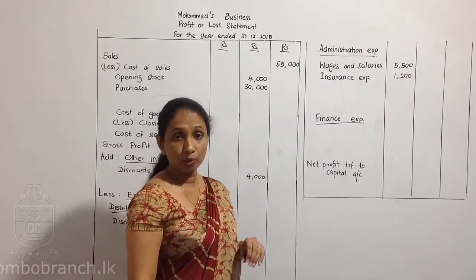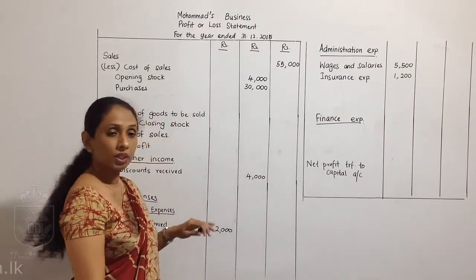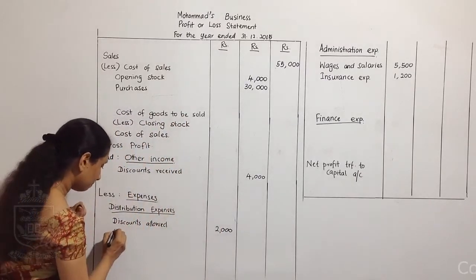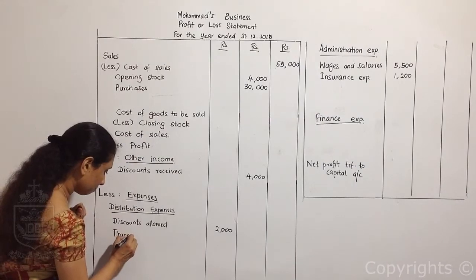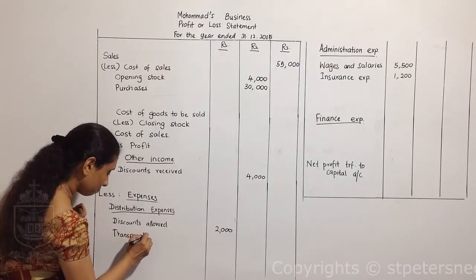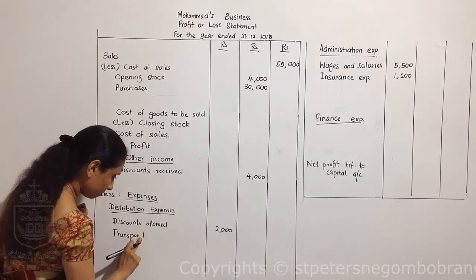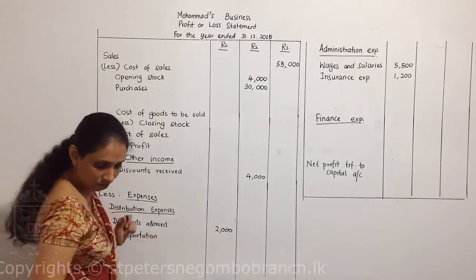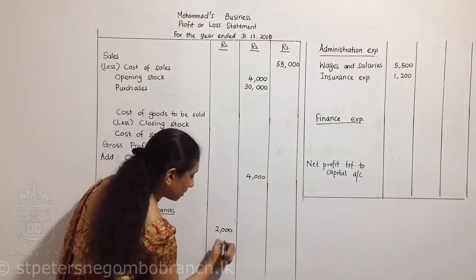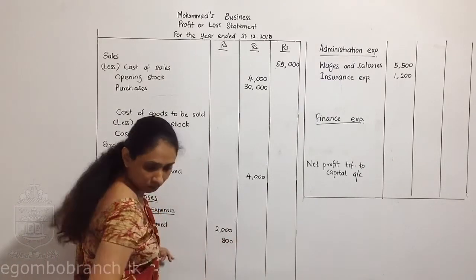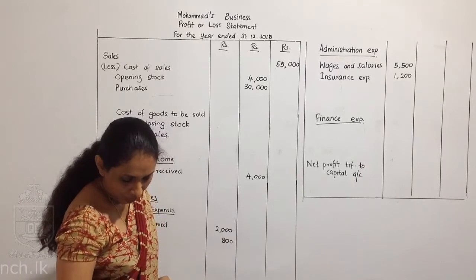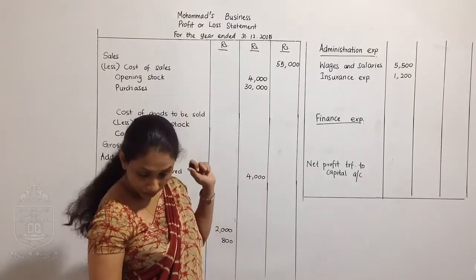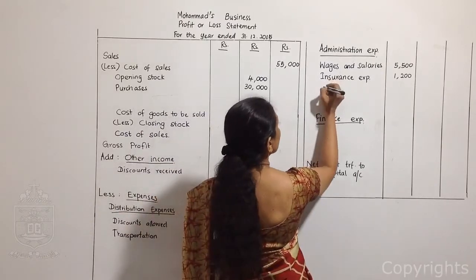Then we have transportation. Usually transportation we will take into distribution expenses. That is 800. Then we have electricity, again goes under administration expenses.